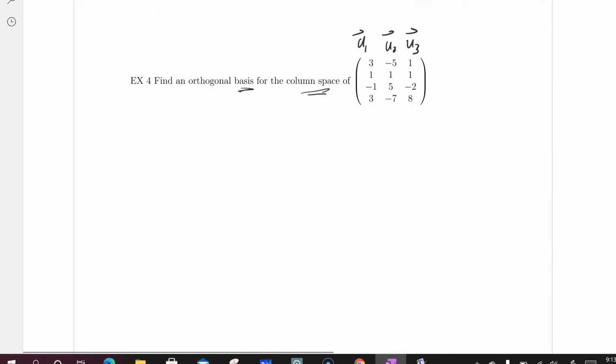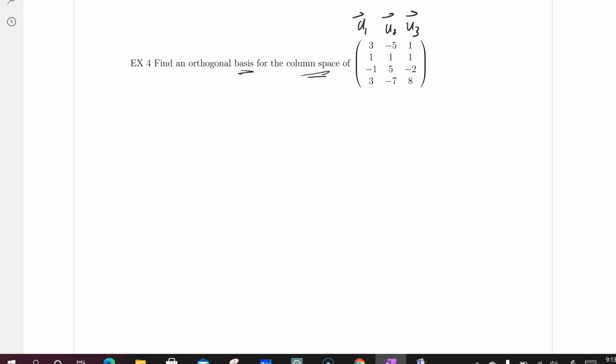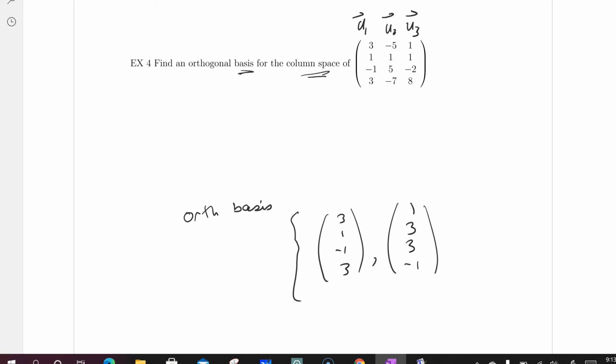I'll just give you the answer, but I want you to try to do it. My orthogonal basis turned out to be, well, the first one's nice and easy, that's the first vector given: (1, 3, 3, -1), comma, (-3, 1, 1, 3). So hopefully you got that.